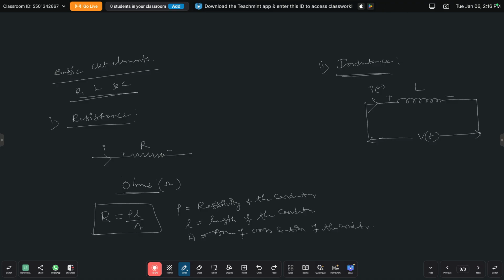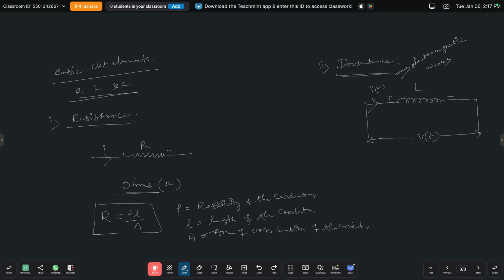So what is meant by inductance? Inductance is the element in which the energy can be stored in the form of electromagnetic fields or electromagnetic waves. So here the energy can be stored in the form of electromagnetic waves.